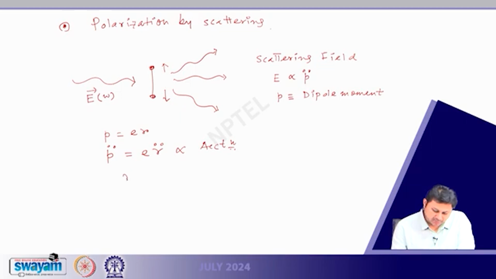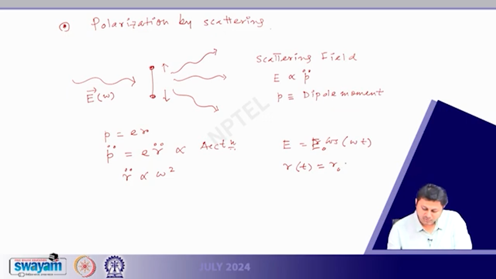Now, r double dot is proportional to omega square. How do I get that? If I define the electric field as E naught cos omega t, then r, which is a function of time, will also be represented in this Lorentz model as r 0 cos omega t.